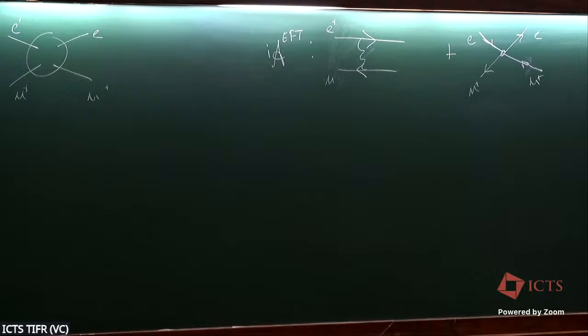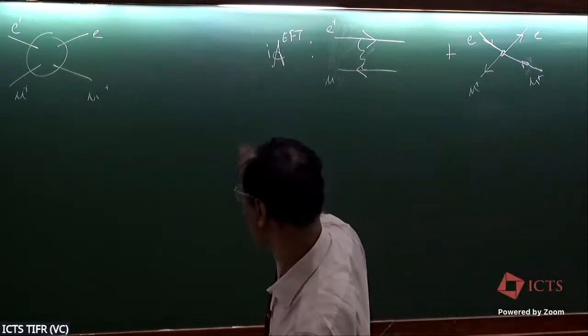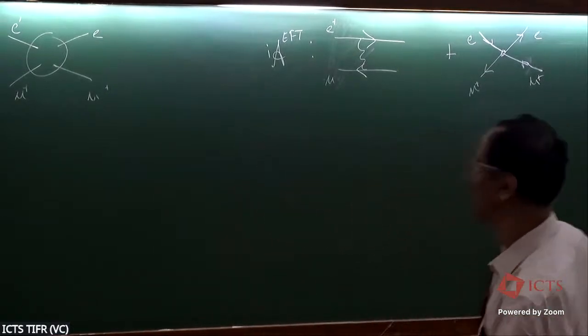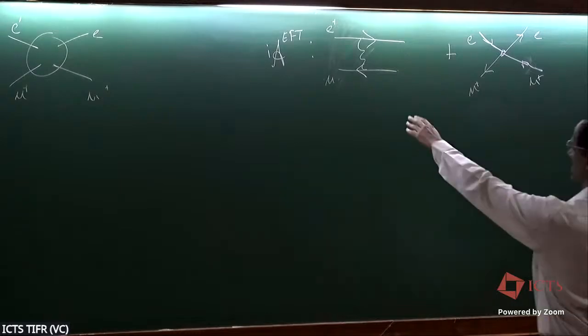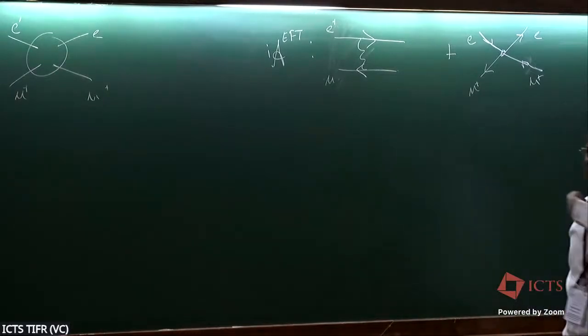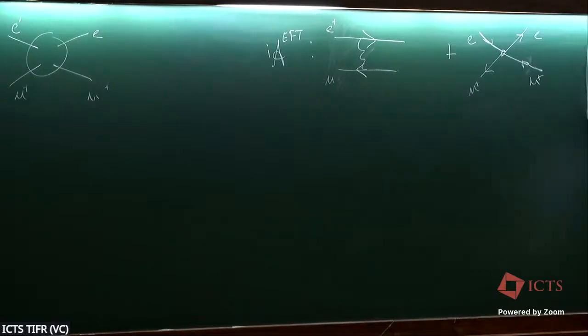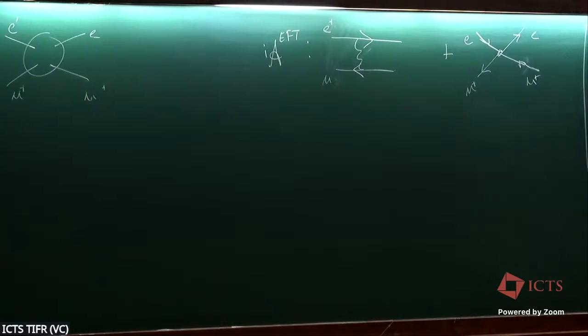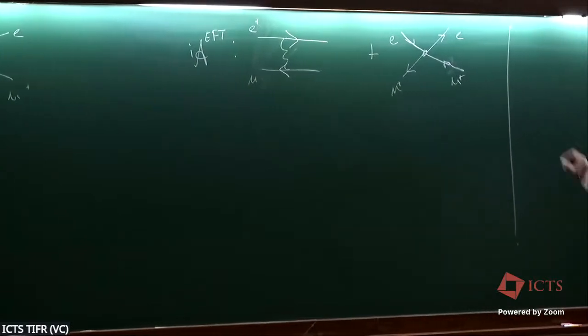And these are the only 2 contributions that give rise at this order. Of course, I can have exchanges at higher order, but at this order, these are the only ones. Okay. So now let's compare the situation to the fundamental theory.